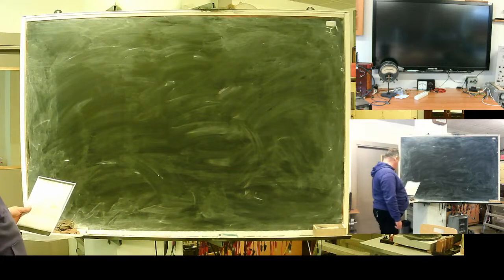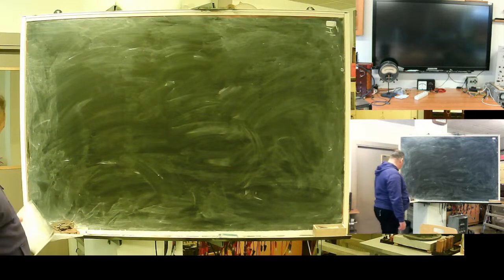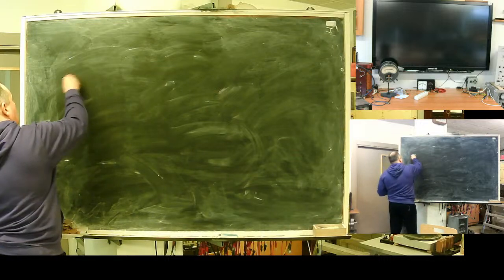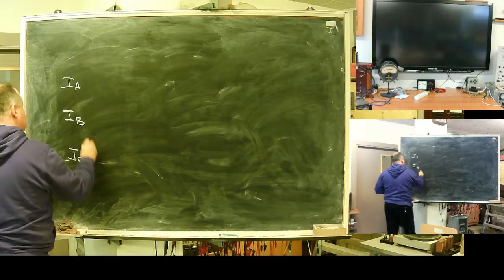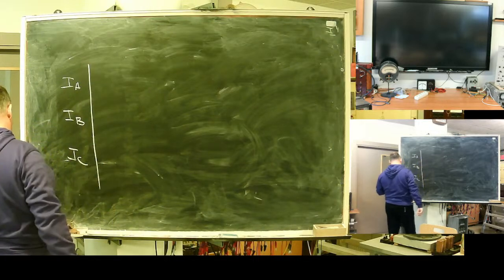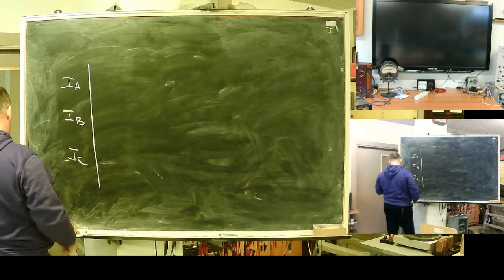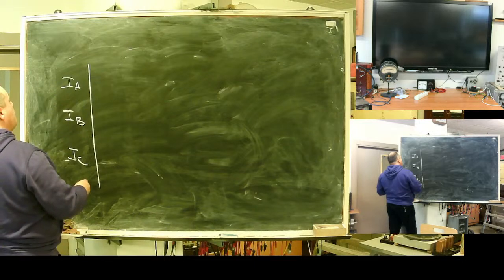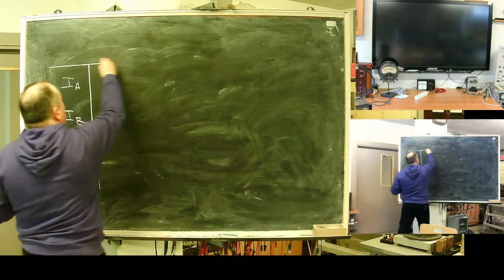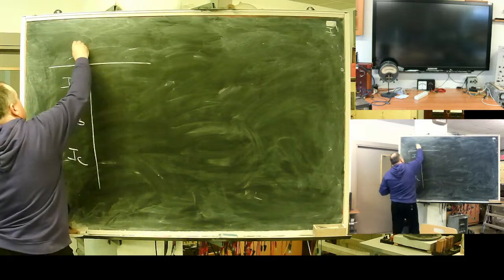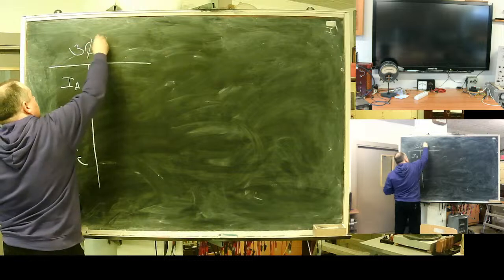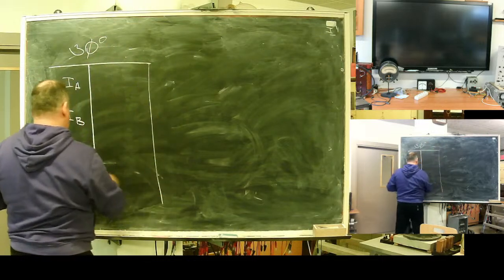So, A phase current, B phase current, C phase current, for the so-called 30 degrees connection.